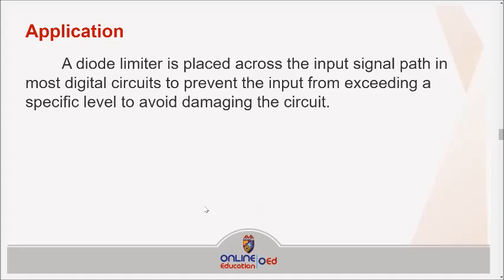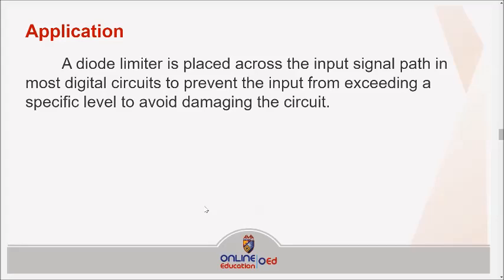For example, ang kailangan lang natin is nasa 5 volts or maliit lang na voltage, eh di gagamit tayo ng diode limiter. Pag nag-increase yung voltage ng lampas 5 volts, may tendency masira yung equipment natin or magkameron ng short circuit. Kaya ginagamit natin itong diode limiter para ma-avoid yung damaging the circuit or short circuit.